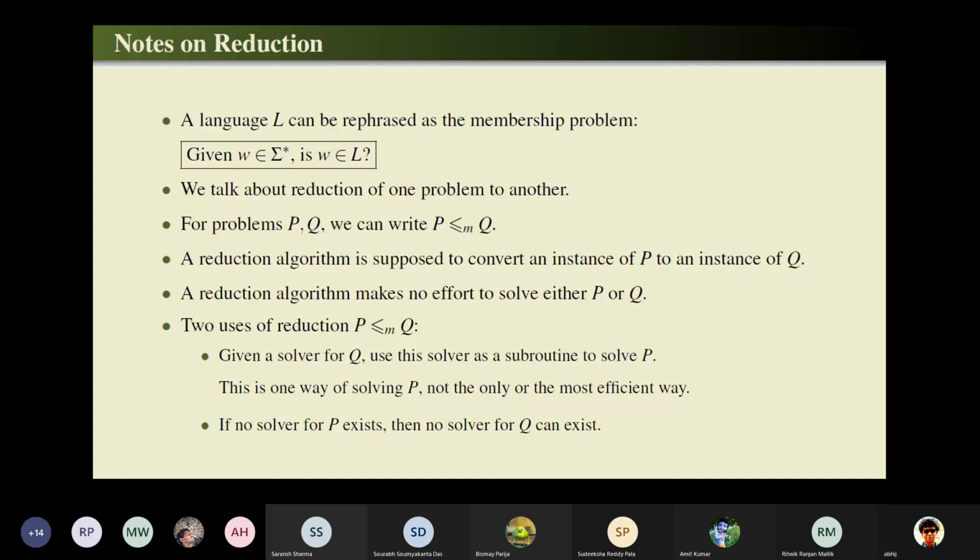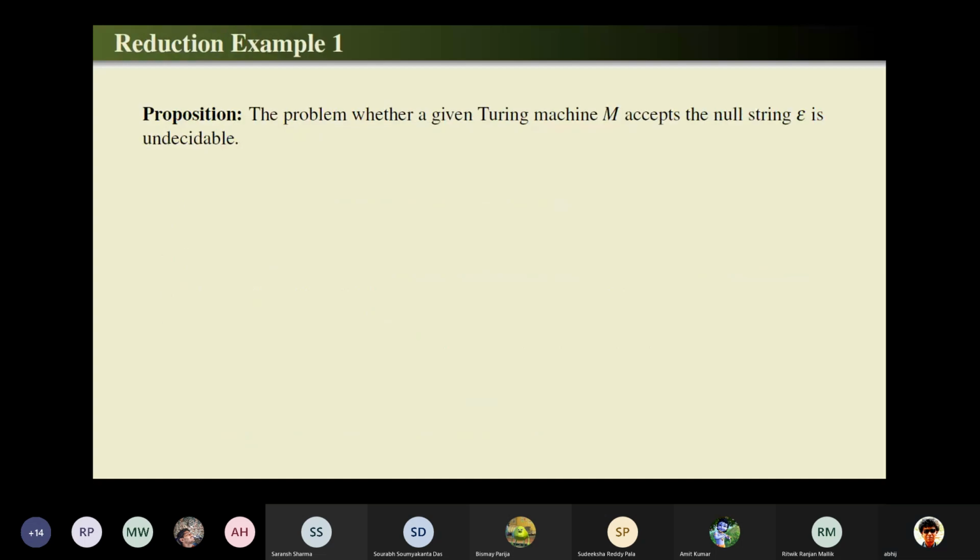So maybe I will give you just another example, because I have around 10 minutes. Okay, so we can look at this. Okay. So this is a very special instance of the membership problem.